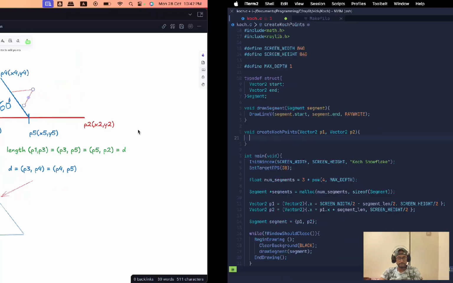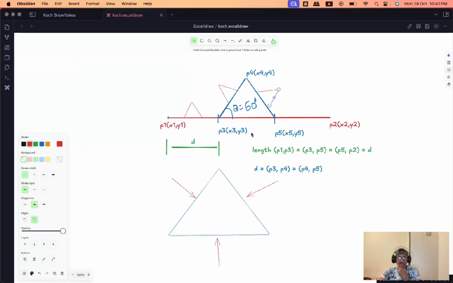Now I have P1 and P2, and how could I find P3, P4, and P5? If you remember, the distances P1 to P3, P3 to P5, and P5 to P2 are all equal to D. P3 is a point that divides the segment P1 to P2 into 3 equal parts.